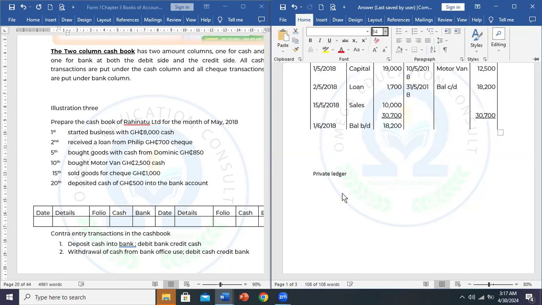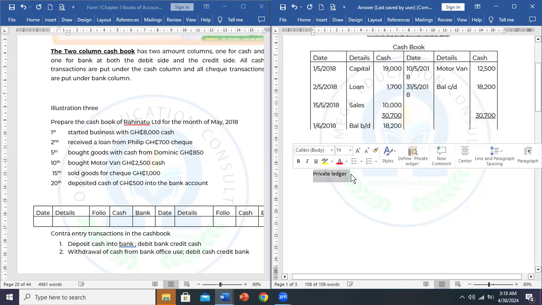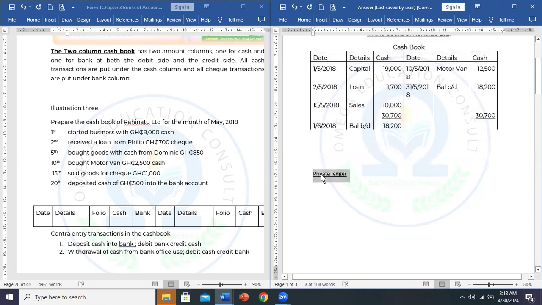Okay. So you open your private ledger like this. And then you can open the T account for your capital account. So let me do that quickly here.